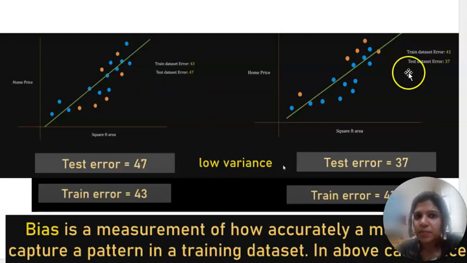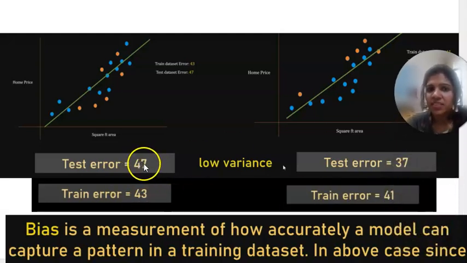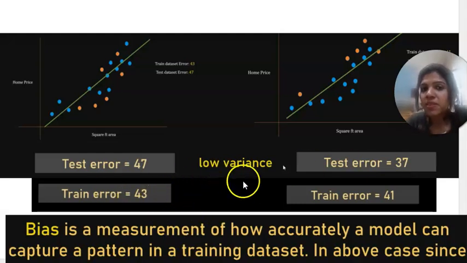So if we take two similar examples with a straight line, what have we got? The train error is 43 and 41. Similarly, we have test error as 47 and 37. So even though there is low variance in test error, 47 and 37, there is very little variation, what is the point? There will be a problem of bias.